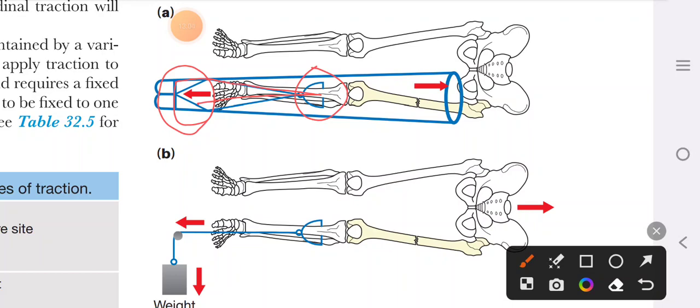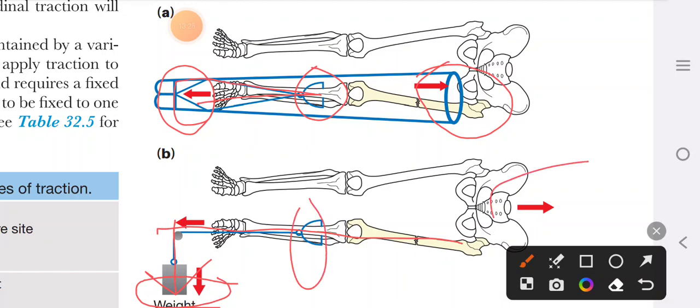The counterforce is applied through pressure by the splint on the ischial tuberosity. When the patient gets shifted to bed, then traction is applied by a dynamic system in which the load is applied by weights suspended from the tibial pin and counterforce is the patient's own weight.